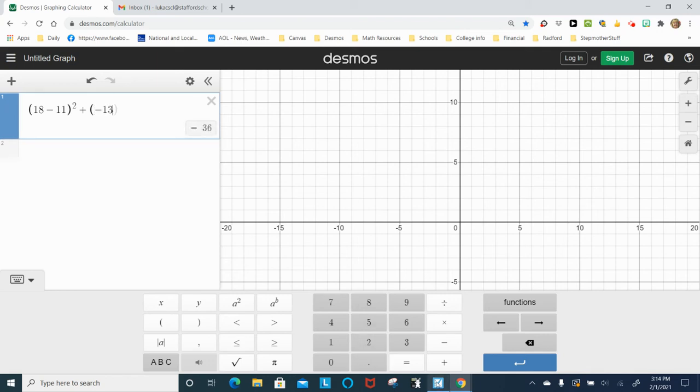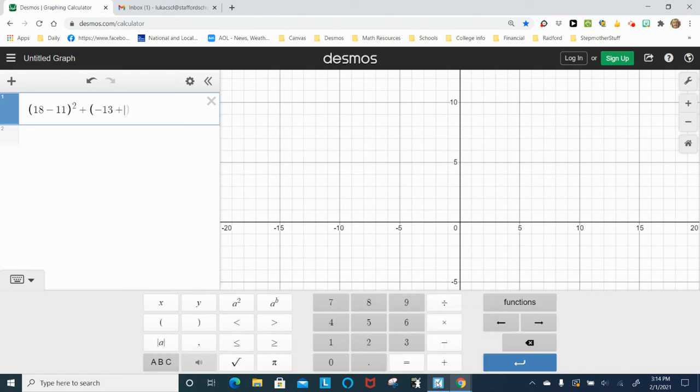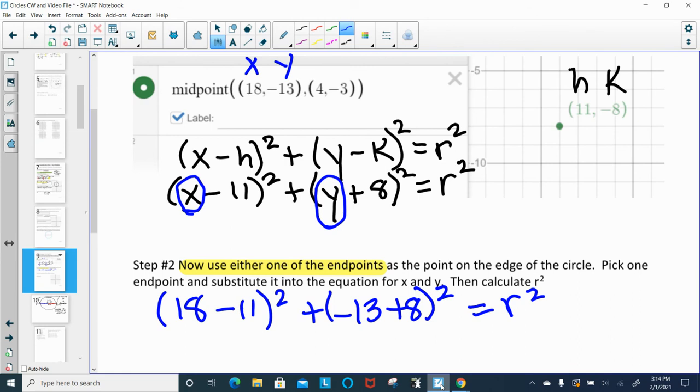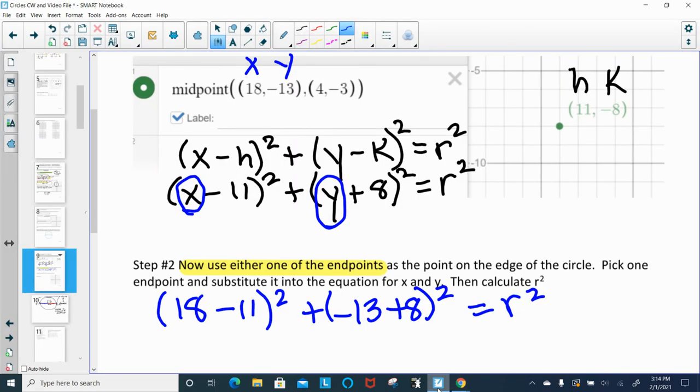And let me just make sure I'm typing this in right. Plus 8 squared, remember to square it. Let me make sure I did that. 18 minus 11, -13 plus 8. And we get 74. That is our r squared.